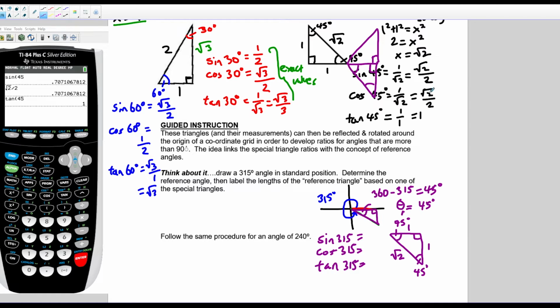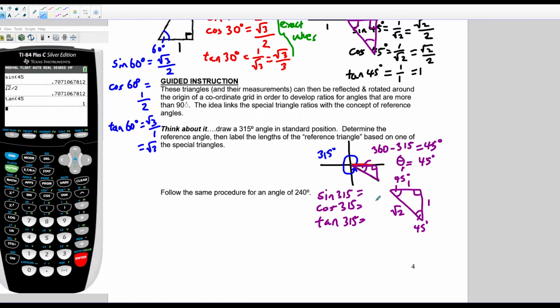We're going to have, again, square root 2 over 2 and a 1, except notice what the signs are going to look like. If I enter in sine of 315, notice that now I have negative 0.707. Cosine of 315 remains a positive 0.707, or a positive root 2 over 2. And then finally, tangent of 315 is -1.